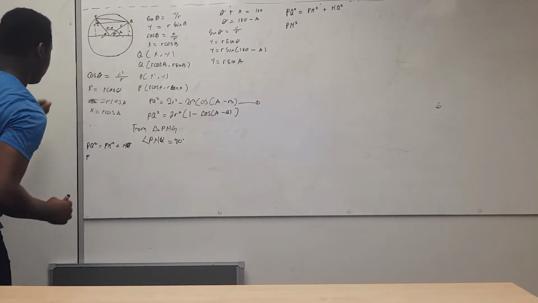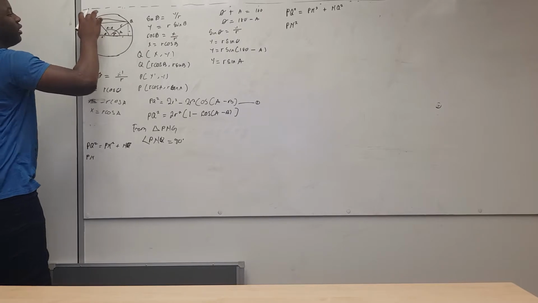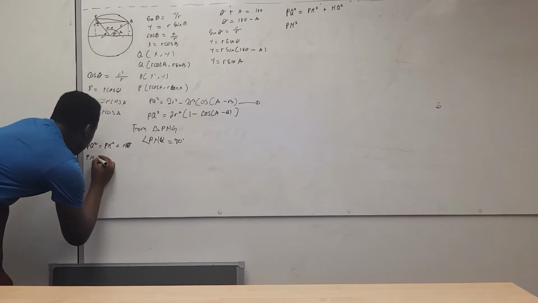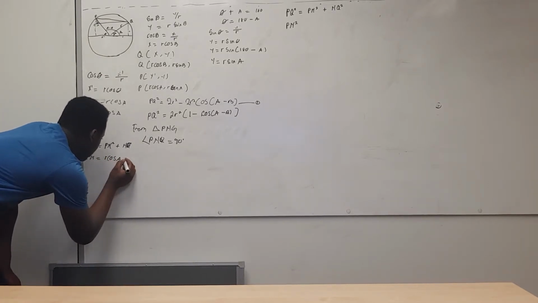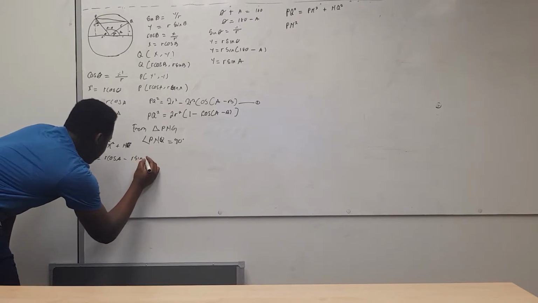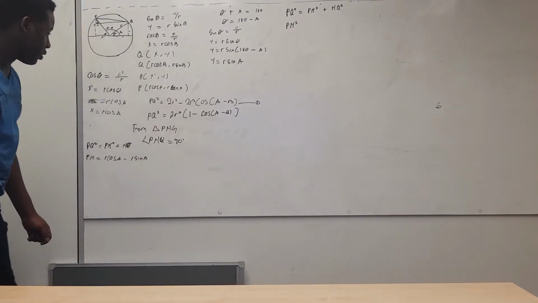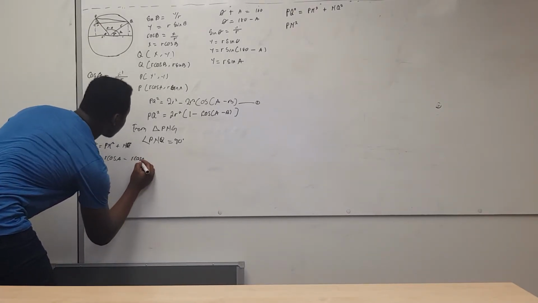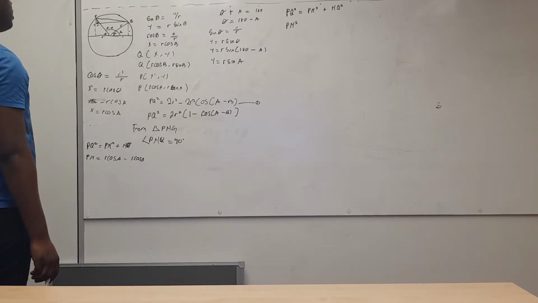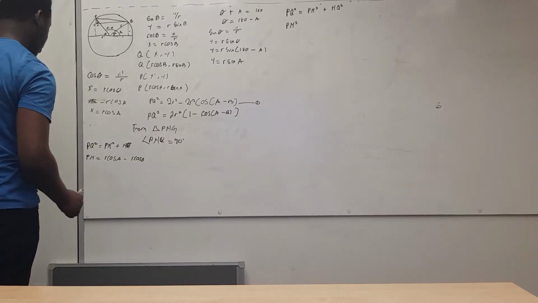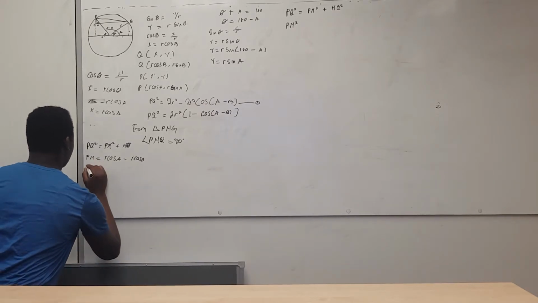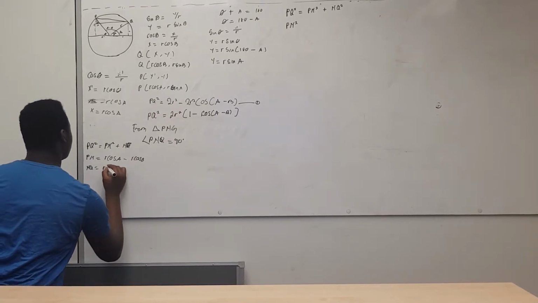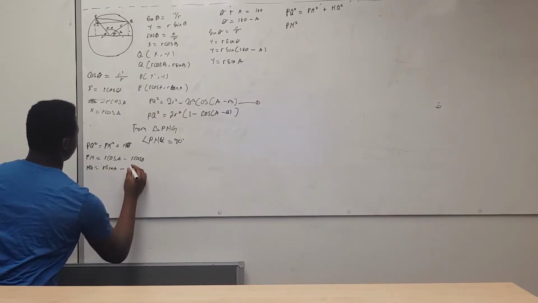PN is equal to this vertical length, and for P that's R cosine A minus R cosine B. NQ is going to be for the horizontal, so NQ is equal to R sine A minus R sine B.